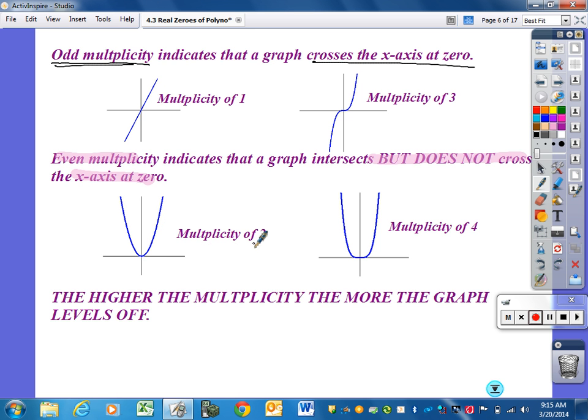It has multiplicity of 2. Here is a fourth power. Remember how we said it would flatten out more? It still just touches the x-axis, tangent to it. It does not cross over. It has a multiplicity of 4. We've talked about this before. The higher the multiplicity, the more level the graph becomes. It flattens out.